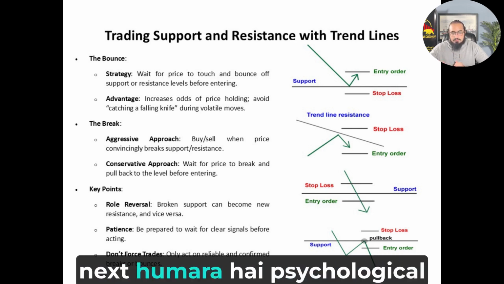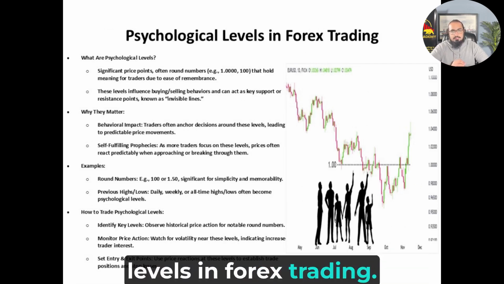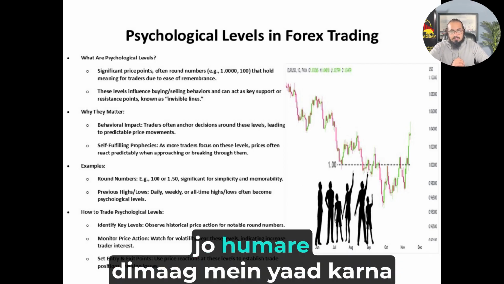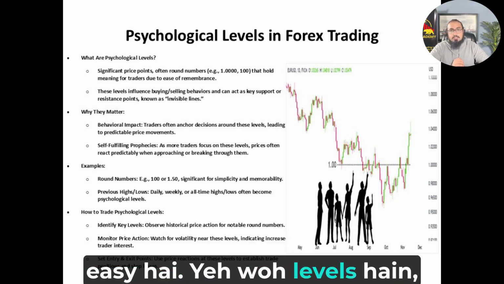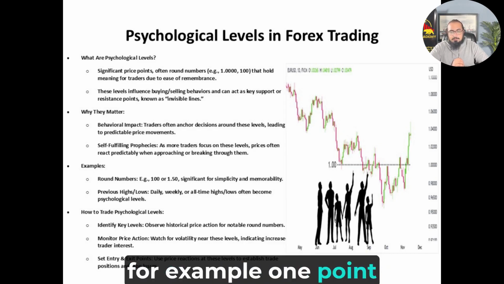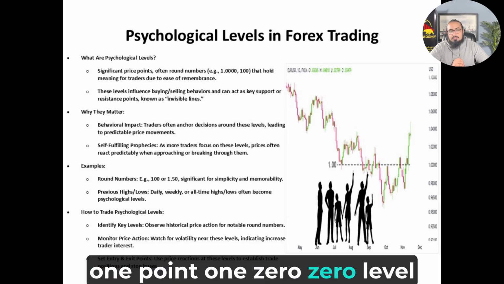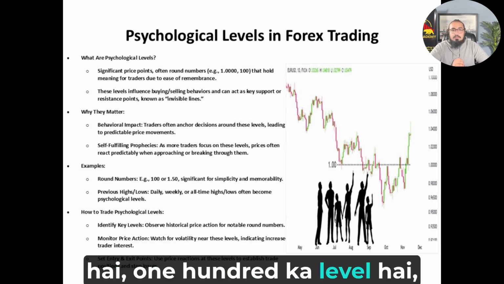Next, we have the psychological level in Forex. What is a psychological level? Psychological figures are those that are easy for our mind to remember. For example, there is the 1.00 level, the 1.100 level, the 100 level, the 110 level.